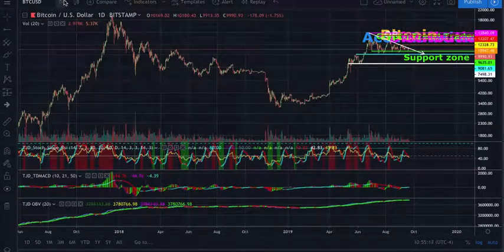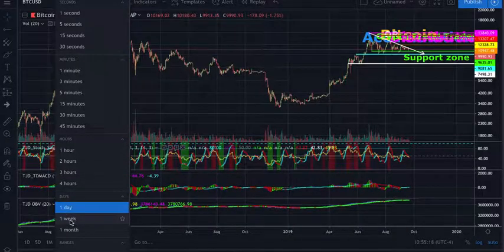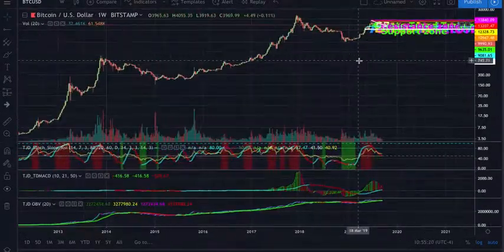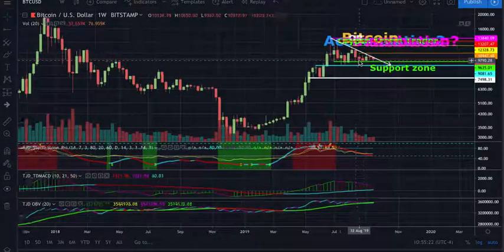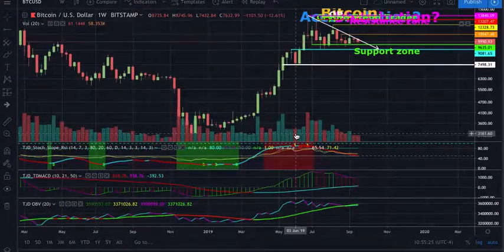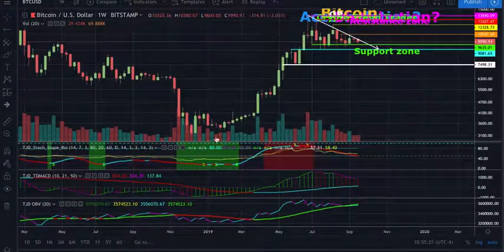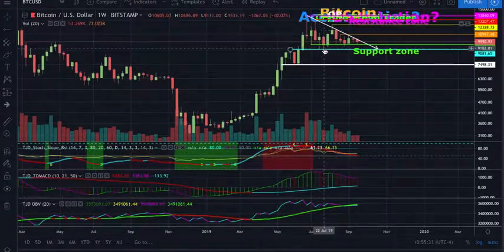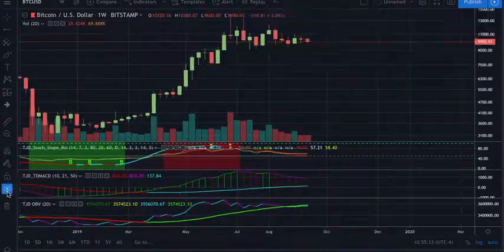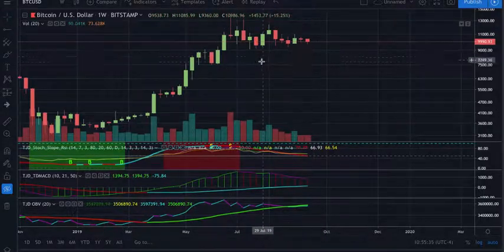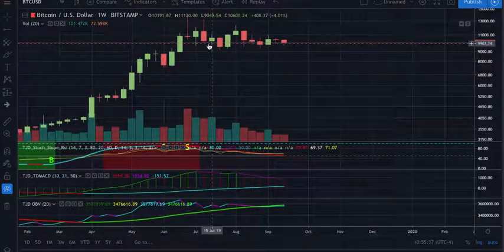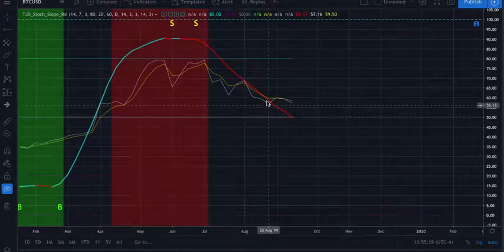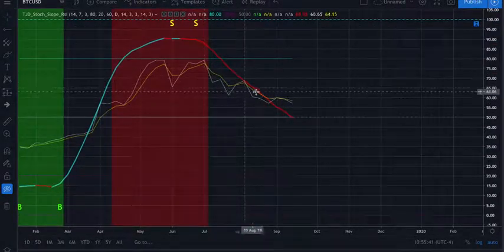All right, and then let's switch over to the weekly as well. I'd like to take a look at that one, and as you'll see here on the weekly, we have been getting the accumulation and buy signals all through the bottom here. We've gotten the distribution and sell signals all through the top here, and we are in fact in a downward slope. And you'll see we do have the yellow line and the white line.